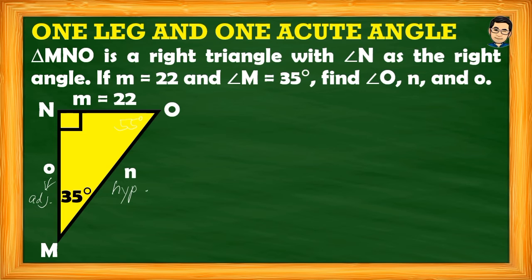So, kung available yung sukat ng opposite side natin, tapos ang hinahanap natin na hypotenuse, ang gagamitin nating function is sine. So, magiging ganito siya: sine M equals opposite over hypotenuse. That is M over N.